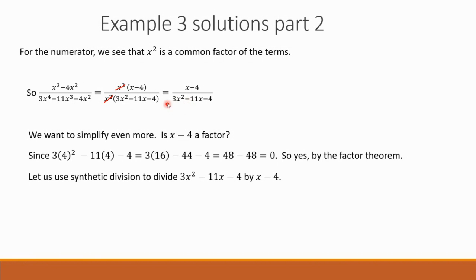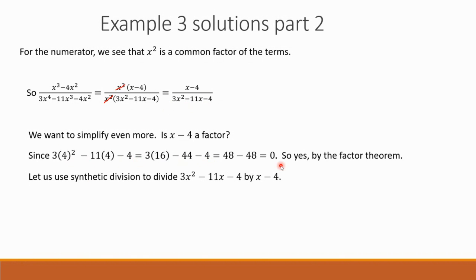So in other words, we want to know, is x minus 4 a factor of the denominator? By the factor theorem, it's enough to see, does the denominator map 4 to 0? That is, if we replace x by 4, do we get 0?